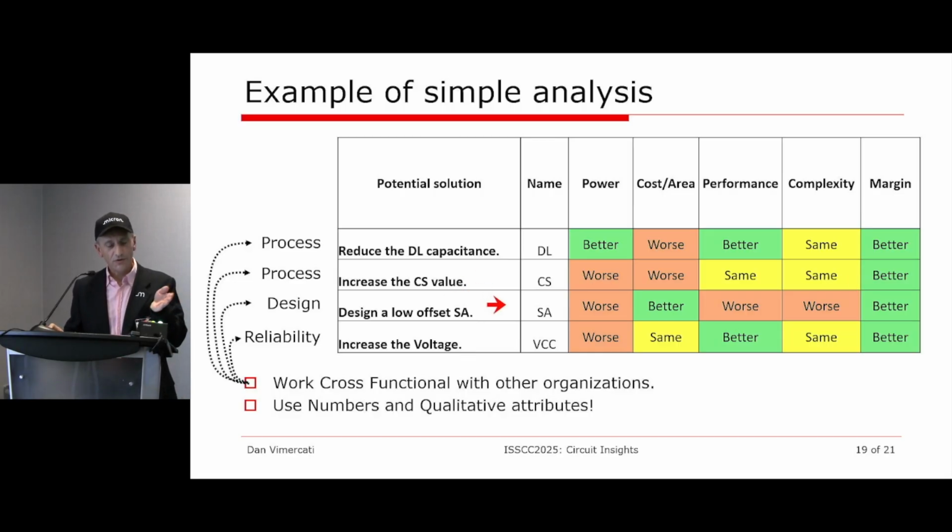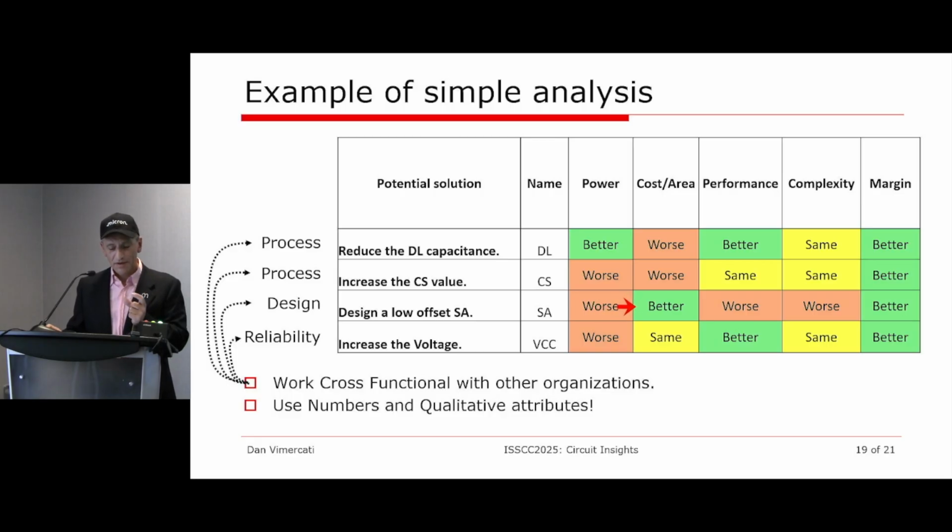So, designing a low offset sense amplifier: when I was writing this evaluation, I had in mind something like an offset cancellation technique, which I'm not going to show here, but just think about that. An offset cancellation technique may require some time at the beginning to do that offset cancellation, and since you need to turn on that sense amp, probably the power is a little worse.